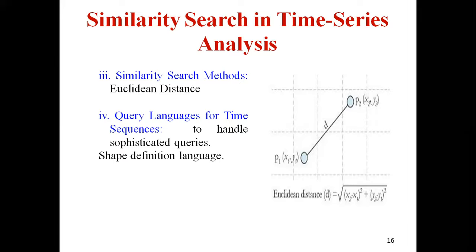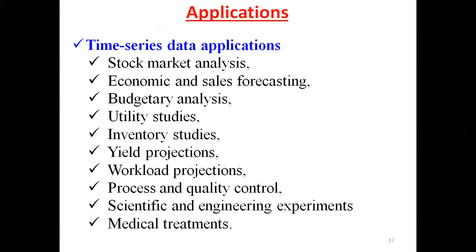That means you will retrieve in the similarity search the employees whose salary is greater than 5000. For that, a query language for time series analysis is also helpful. And then some of the applications for this one. Okay, this is something about the time series analysis.